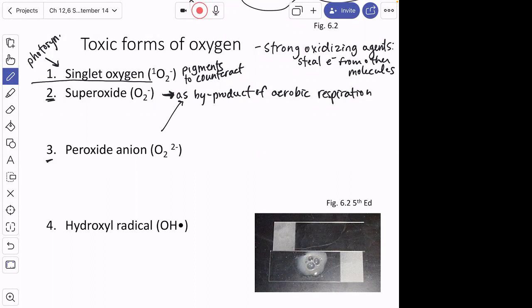So it's kind of everywhere, but especially when an organism's respiring aerobically. So what do cells do about that? Well, they have to have some enzyme to detoxify it. Superoxide can be detoxified by superoxide dismutase.